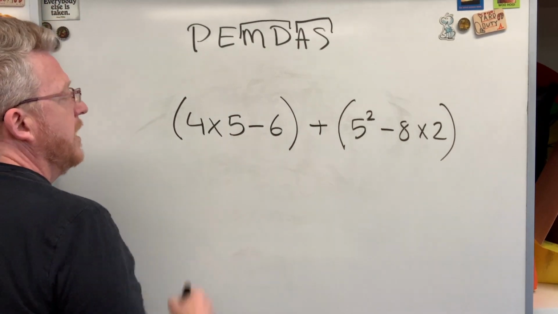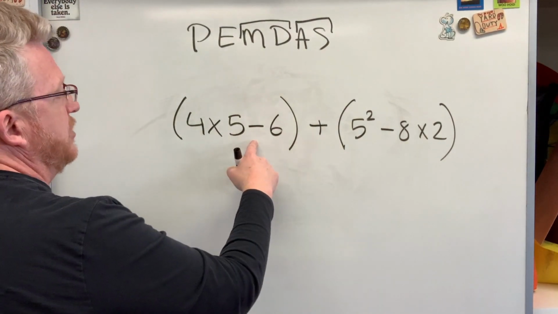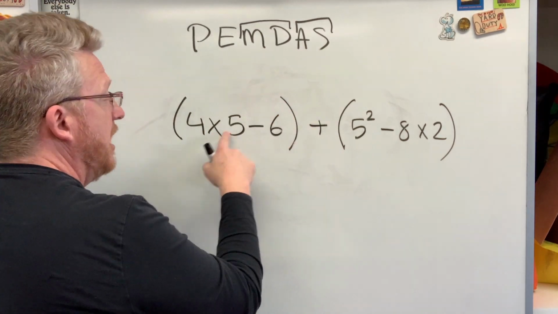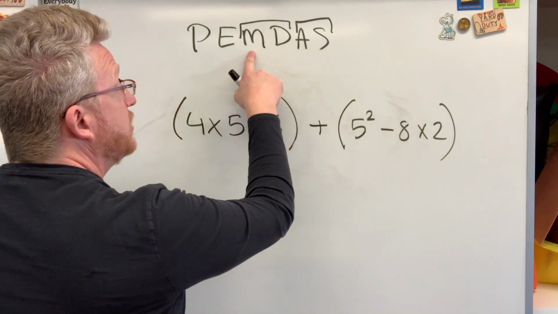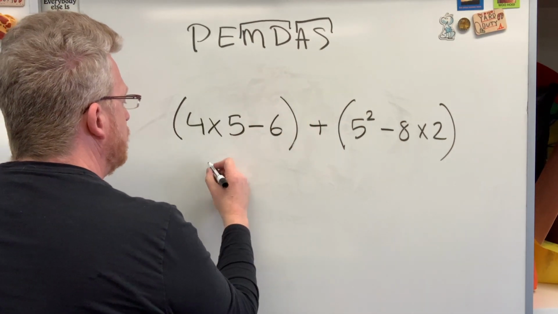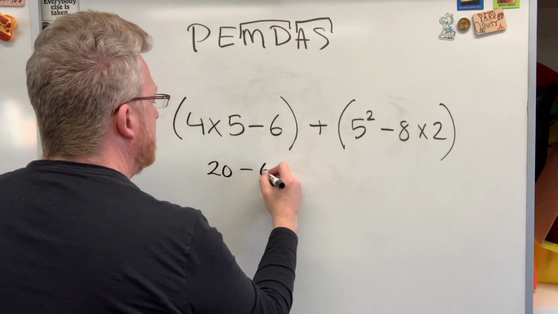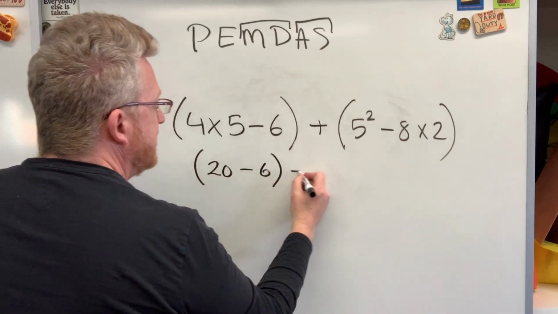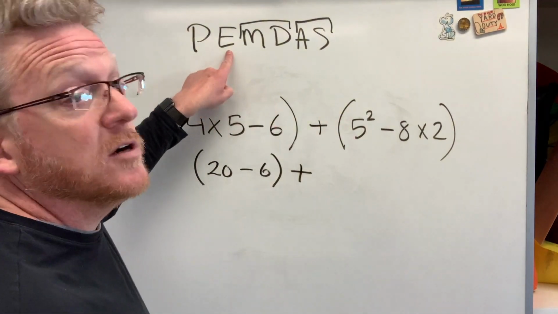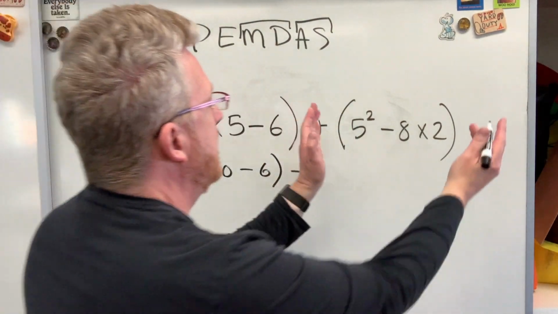Within these parentheses, we've got multiplication and we've got subtraction. Multiplication happens before subtraction, all right? 4 times 5, that's 20, minus 6. But check this out. Here we've got exponents. That's first, within this set of parentheses.